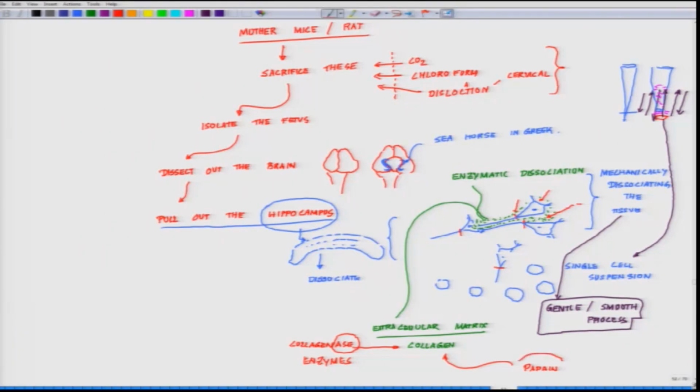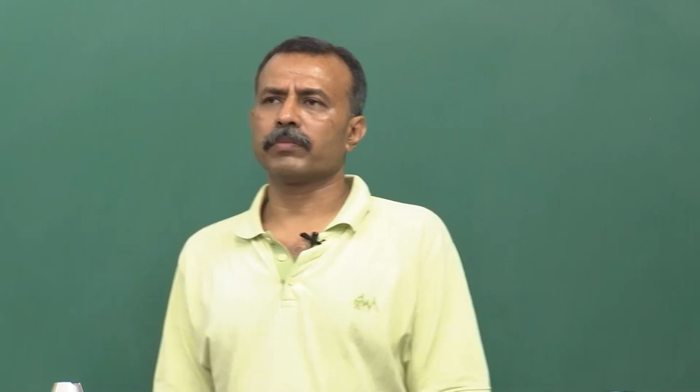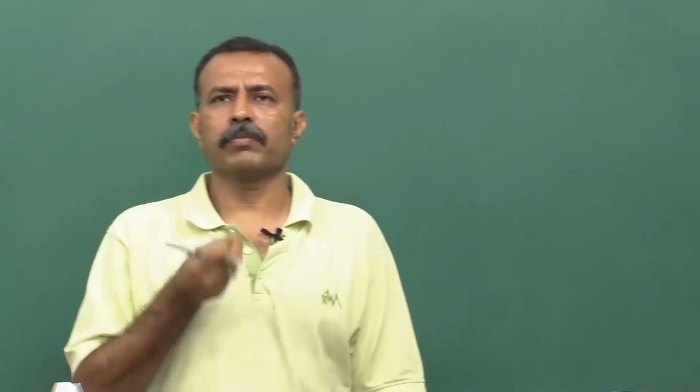What is papain? This is one enzyme which is derived from papaya. We all eat this as a vegetable as well as a fruit, but this papaya, which is Carica papaya, you must have seen many people, if you are having a stomach upset or something, they say you should take some papaya.